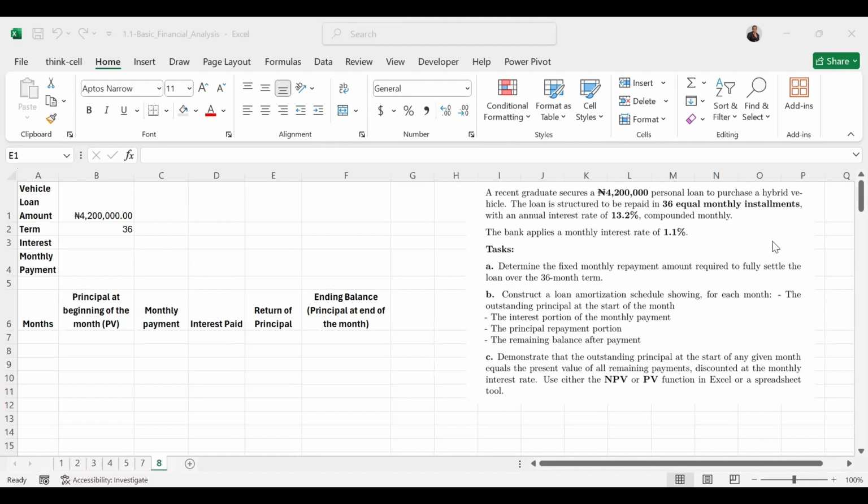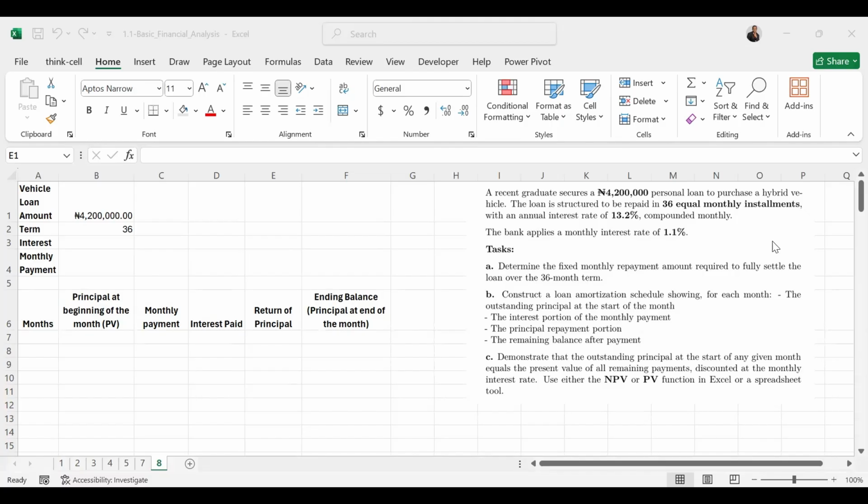And B. Construct a loan amortization schedule showing for each month the outstanding principal at the start of the month, the interest portion of the monthly payment, the principal repayment portion, the remaining balance after payment, and then C. Demonstrate that the outstanding principal at the start of any given month equals the present value of all remaining payments discounted at the monthly interest rate.